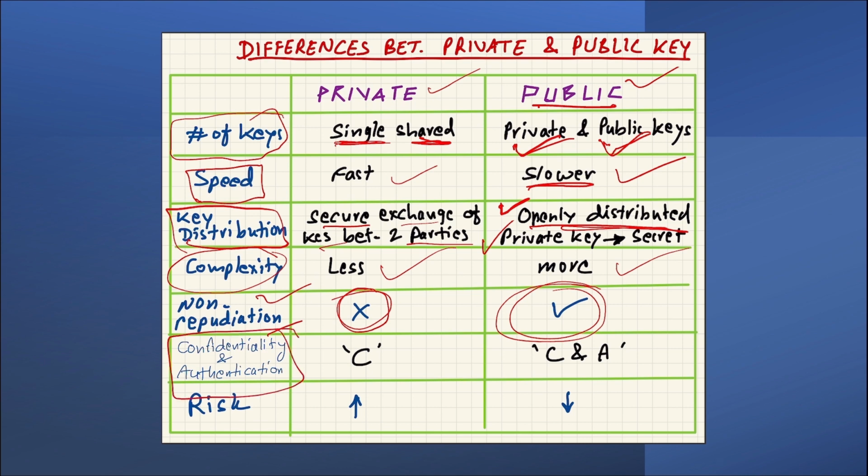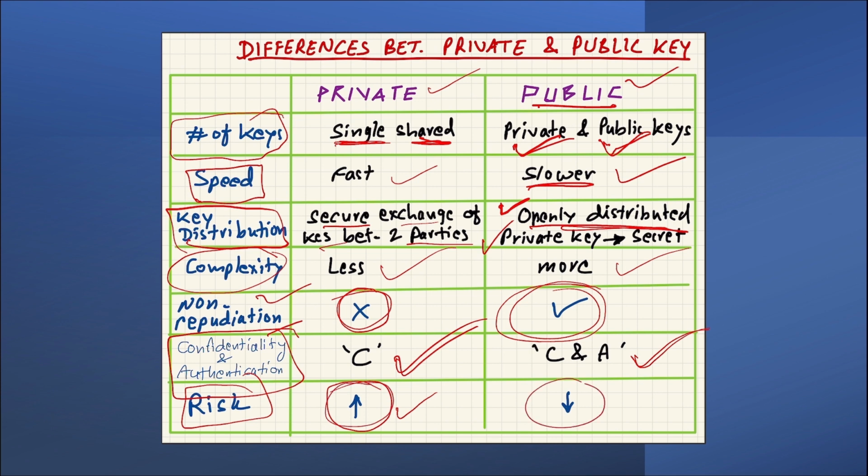Regarding confidentiality and authentication, private key cryptography provides confidentiality because there is a shared secret key, but public key cryptography provides both confidentiality and authentication. Risk is high in private key cryptography because if the shared key is disclosed, the communication between the parties will be disclosed. That's where risks are high.